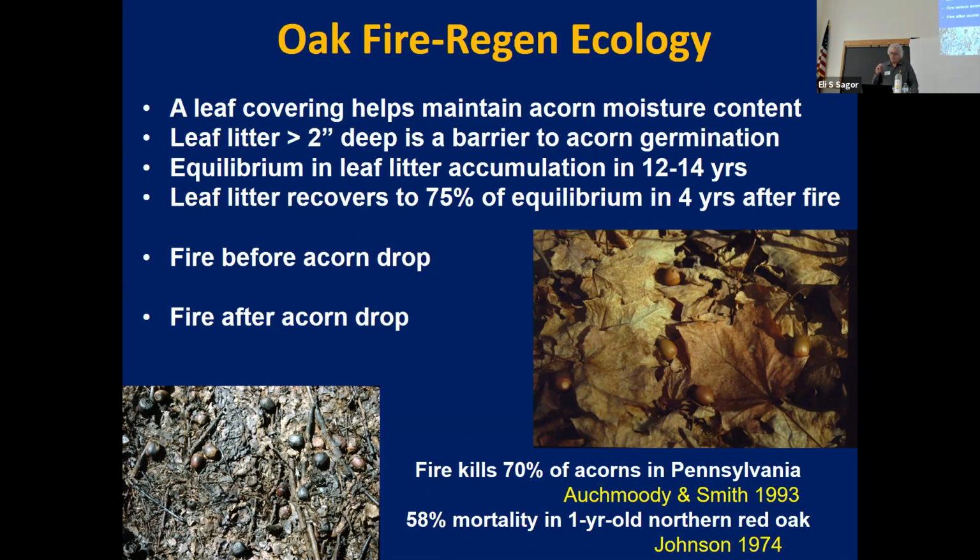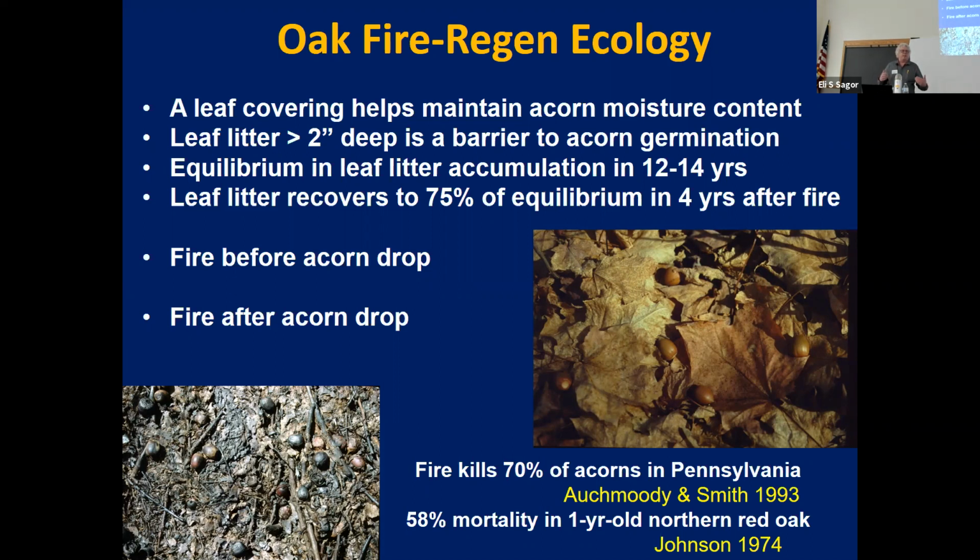But there is a point at which the leaf litter can become too thick, and then it becomes a physical barrier for any acorns laying on top of it to get their roots into the soil and establish themselves. And that's where fire does a really good job of managing the leaf litter. Mike Stambaugh has done a really nice paper looking at least in the central hardwood upland oak forest, at some of the dynamics of leaf litter accumulation.